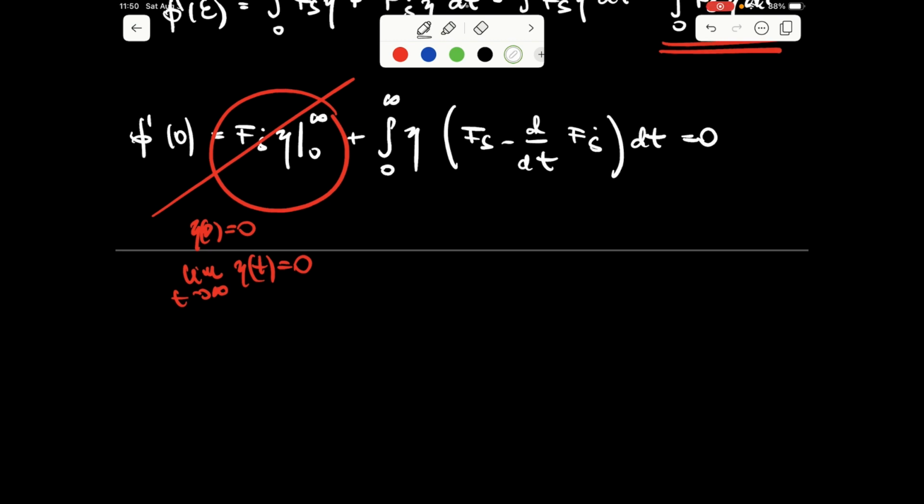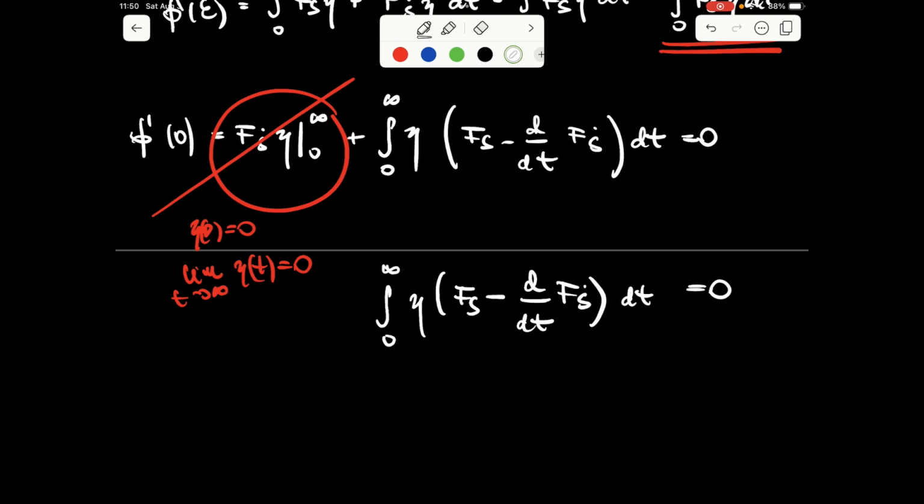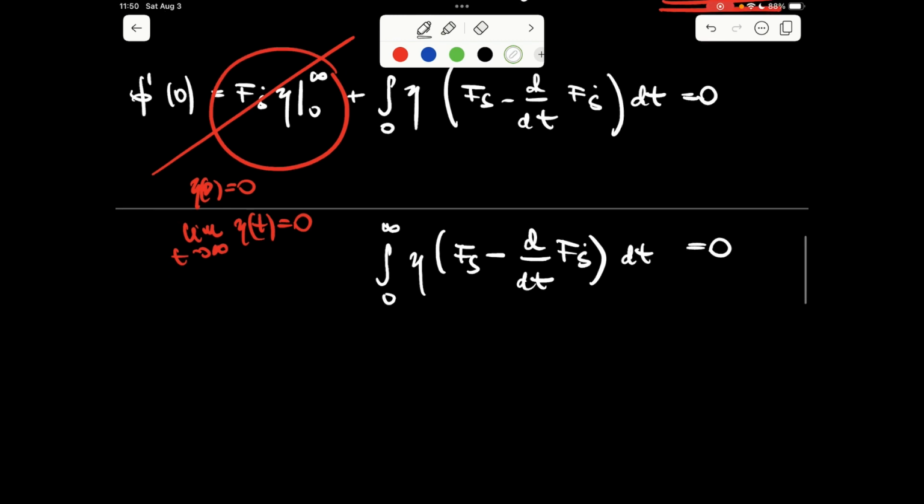So finally, we have this simplified equation, which is 0 for any real function mu t if and only if fs minus the time derivative of fs dot is 0.